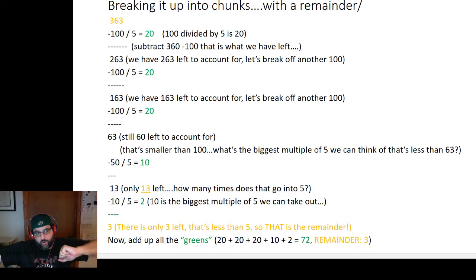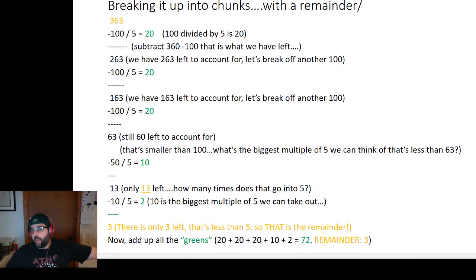So we're just going to lock that up. That's part of our answer. Anything in green is part of our answer. So we subtract another 100. That brings us to 163. We can take another 100 away from that. Same thing. Okay? 100 divided by 5 is 20. We've got that in our green. The thing we have left after we say 163 minus 100 is 63.